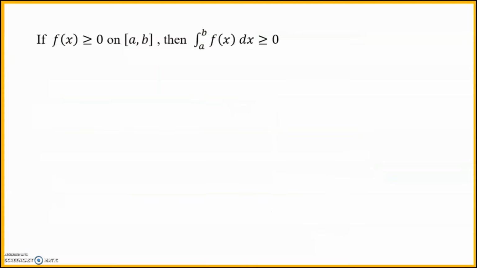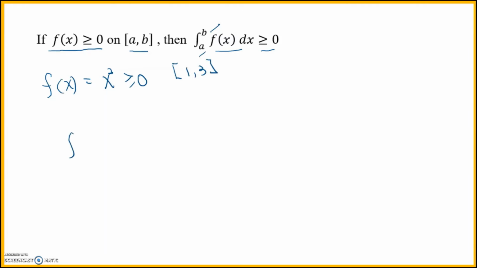Fourth, if the function f(x) is larger than 0 in the interval a to b, then the integral of f(x) over a to b will be larger than 0 too. So for example, let's say we have f(x) equal to x squared, where it is larger than 0 on 1 to 3.